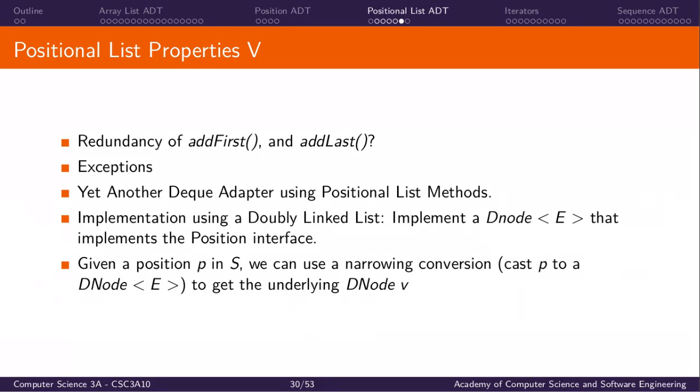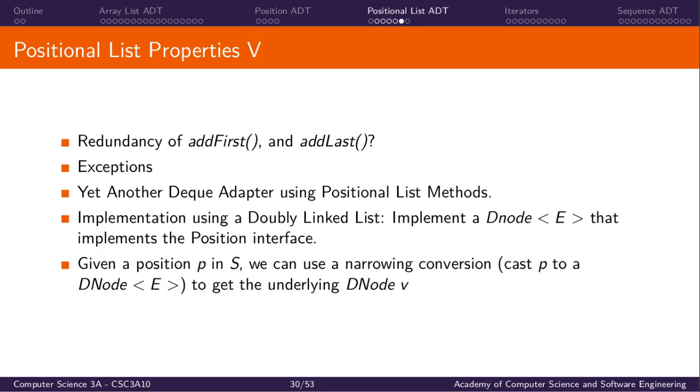Note then that because our methods actually refer to positions and not DNodes, when we have to make changes to the attributes of the underlying node, like when we're doing an insert before and insert after, we would have to cast our parameter, which will be of type position, to the underlying DNode object, and then be able to access those attributes of the DNode.